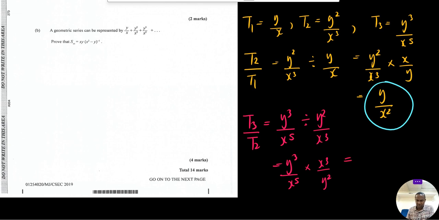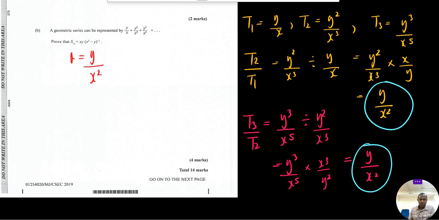And once again, this is going to give us y over x squared. So the mere fact that the ratio t2 over t1 and t3 over t2 gives us the same value obviously suggests that the terms are in geometric progression, and of course, they form a geometric series. And so basically what we know is that the common ratio r is equal to y over x squared.